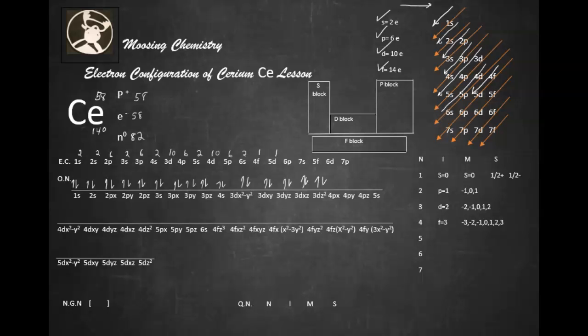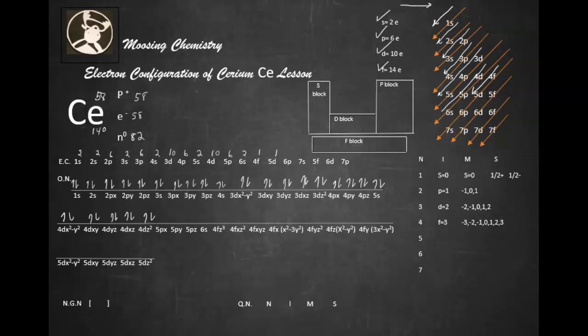Then we go up, up, up, and then down, down, down, and up and down again. And now we go 4d10: 1, 2, 3, 4, 5, 6, 7, 8, 9, and 10.